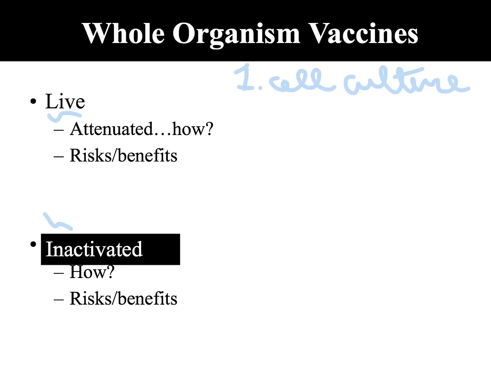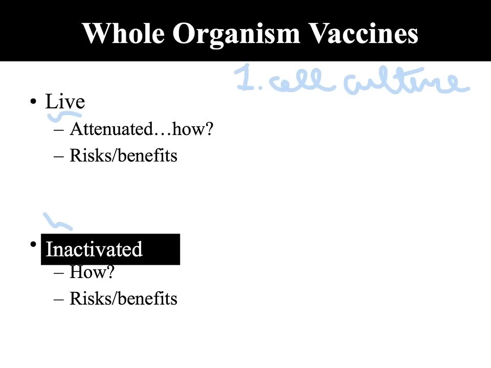But more importantly, you're adapting them to these abnormal cells, and in so doing, you're adapting them away from normal cells. Okay? Does that make sense? So when you condition these guys to grow very efficiently in a laboratory, you're simultaneously making it so that they don't do quite as well in a live human being. In other words, you're attenuating them.